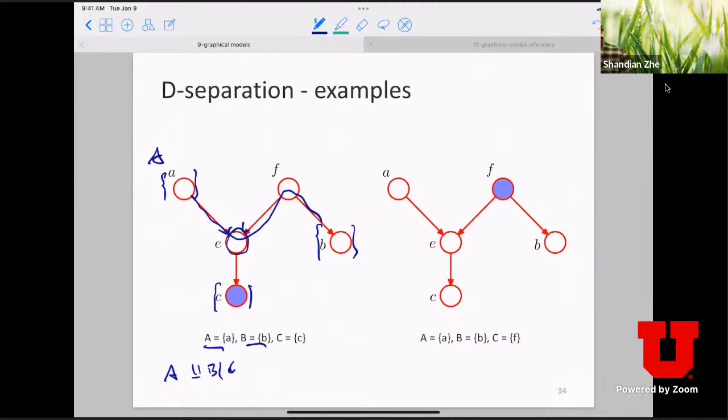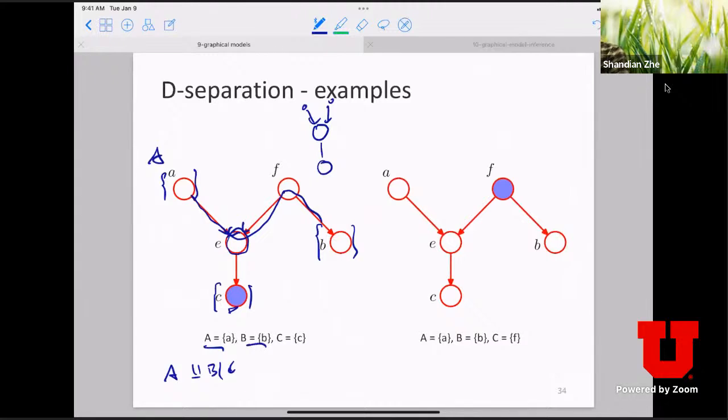When we talk about head-to-head, we know that if none of its descendants are observed, then the parent nodes are conditionally independent. Here, unfortunately, the descendant node C is observed, meaning that these nodes are conditionally dependent. That means this node fails to block the path.